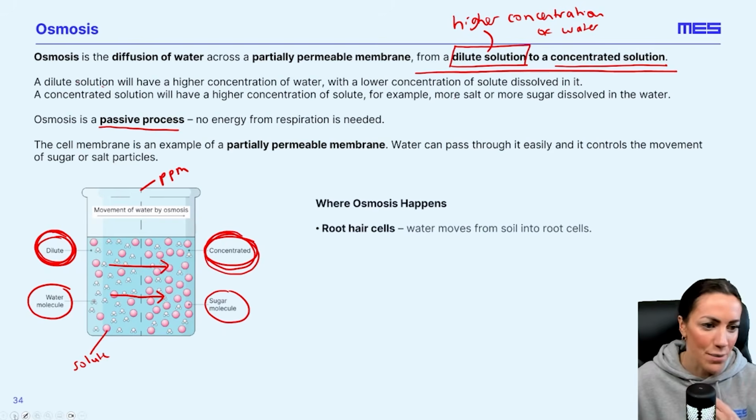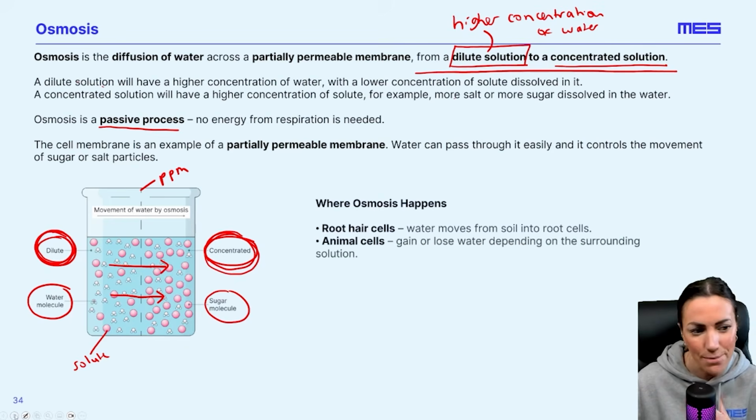Where does osmosis happen? So we've looked at root hair cells already. Water moves from the soil into the root hair cells by osmosis from a dilute solution in the soil to a more concentrated solution in the root hair cells. Root hair cells are plant cells, right? But it also happens in animal cells, like red blood cells are quite often used in the exam.